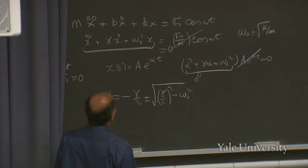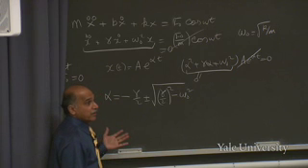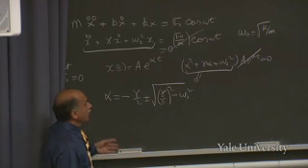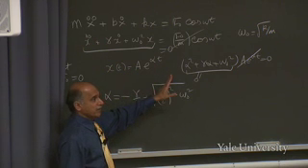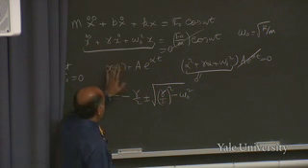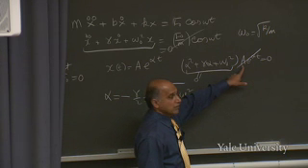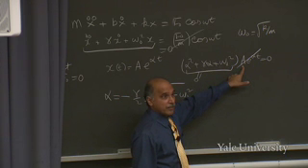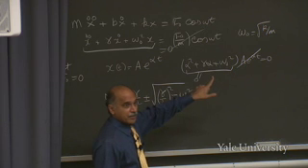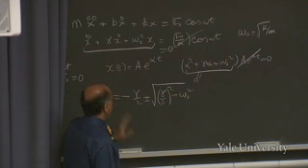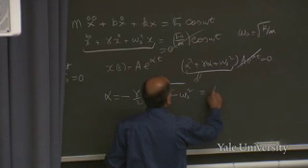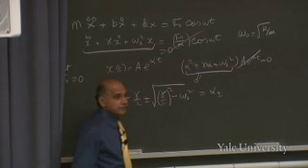This means that yes, you can find a solution to this equation that looks like a e to the alpha t. A can be any number you like. No restriction is placed on a, but alpha cannot be any number you like. Alpha has to be the solution to this quadratic equation, and there are two solutions. So you can call them alpha plus and alpha minus.